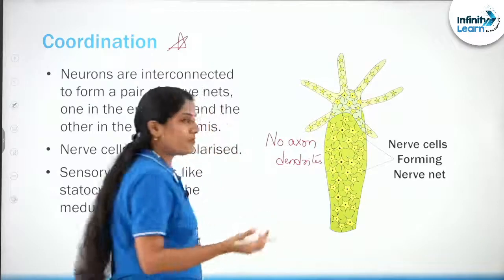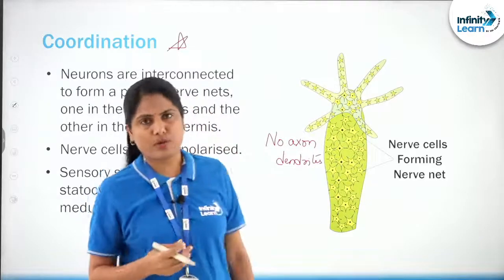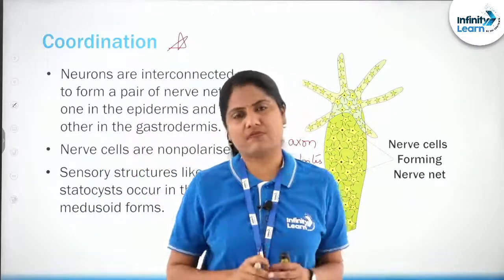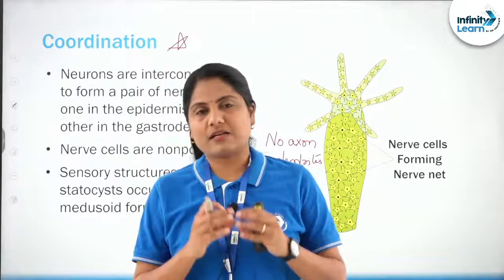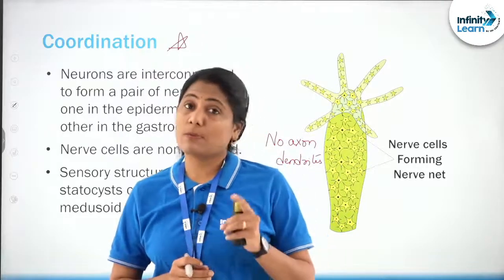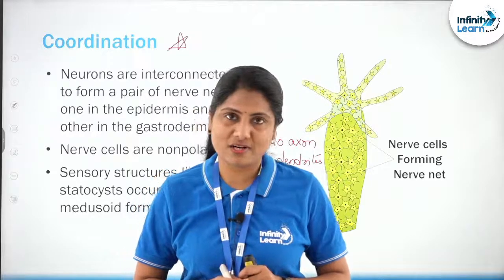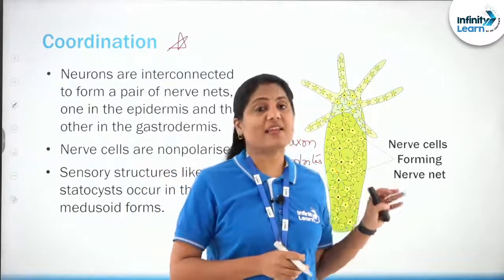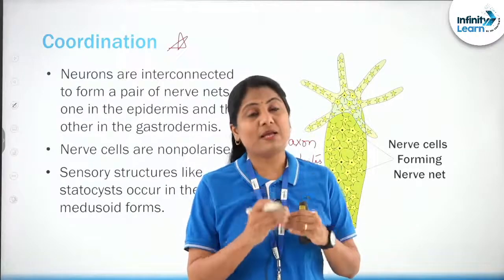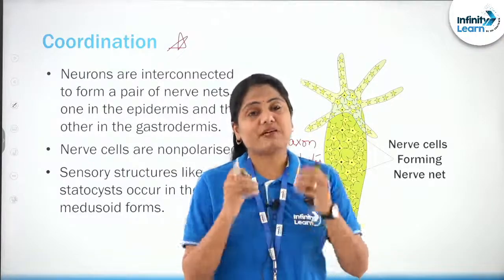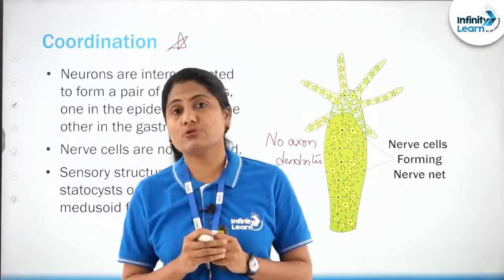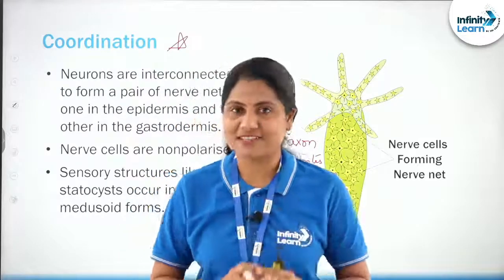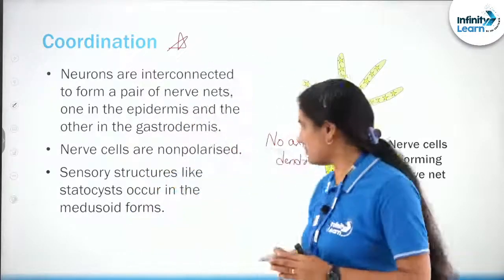It is without dendrites or axon, which are non-polarized or apolar, very primitive kind of neurons that are found in these organisms. Remember, Porifera doesn't have any coordination, doesn't have any nervous or sensory cells, unlike the Cnidaria. So, we are stepping up. In Cnidaria, for the first time in the course of evolution, there are neurons that are seen or observed, right.